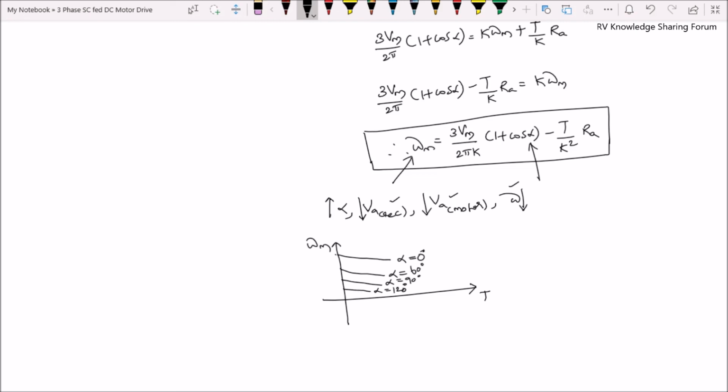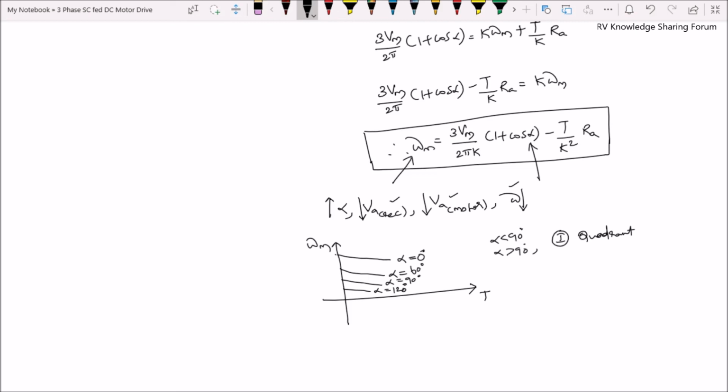In a semi-converter, the value of firing angle may be less than 90 degrees or greater than 90 degrees. The operation will fall in the first quadrant only, which we saw in detail in our single phase semi-converter fed DC motor. If you need more details about this, you can refer to the lecture session about the single phase semi-converter fed DC motor drive.